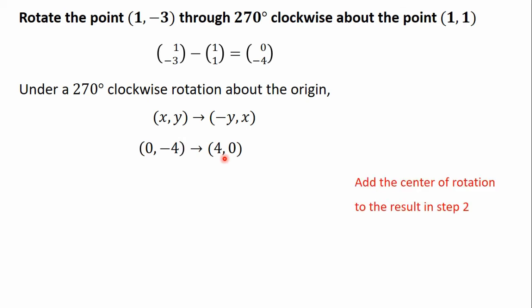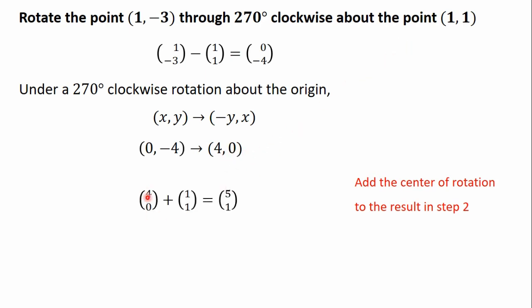We move on to the third and last step. The third and last step says that we should add the center of rotation to the result in step 2. The result in step 2 is (4, 0), and the center of rotation is (1, 1). So we are going to add (4, 0) to (1, 1).